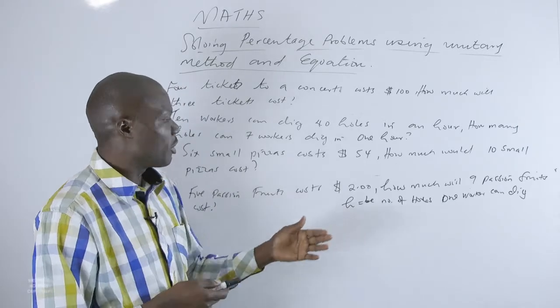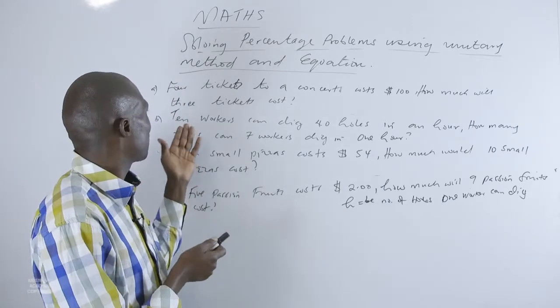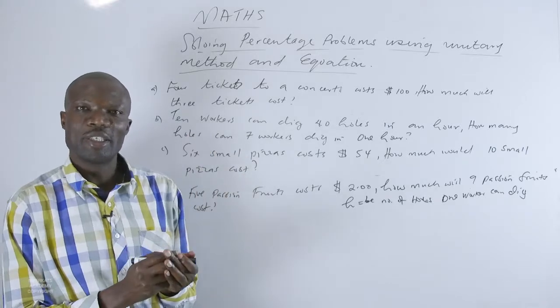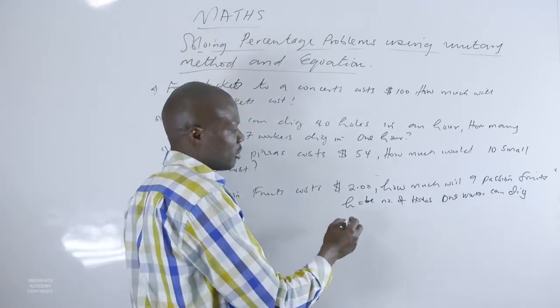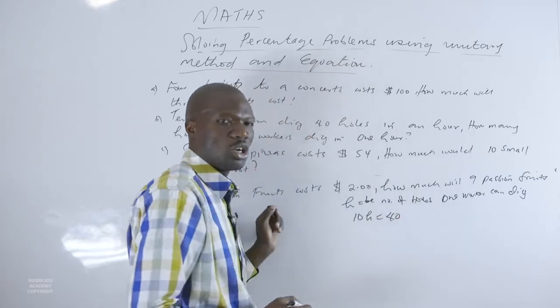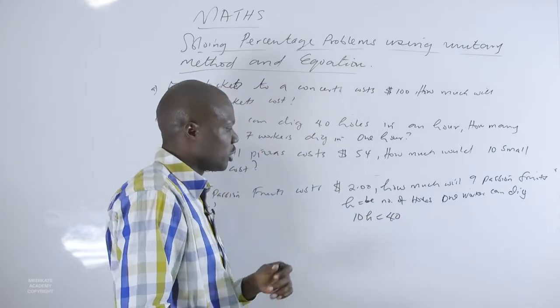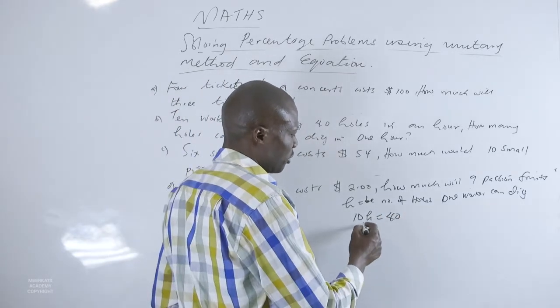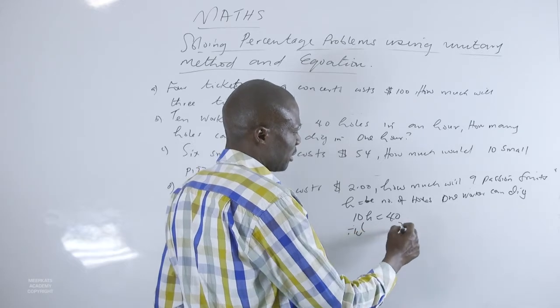Now, we don't have 1 worker, we have 10 workers digging 40 holes. That is equivalent to 10H equals 40 holes. So it implies that we divide both sides by 10.